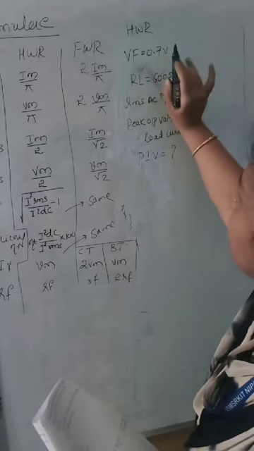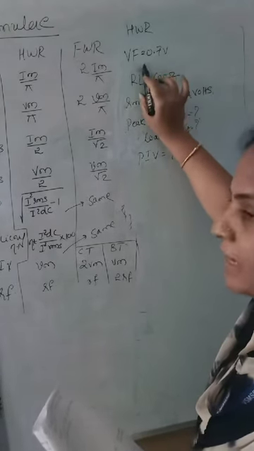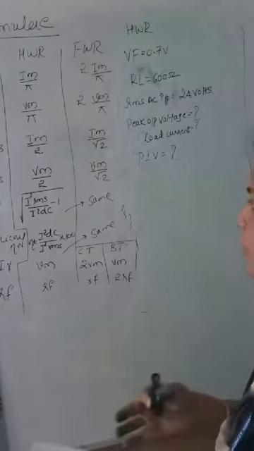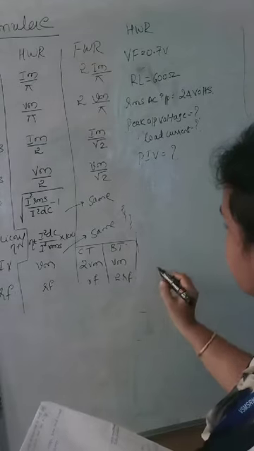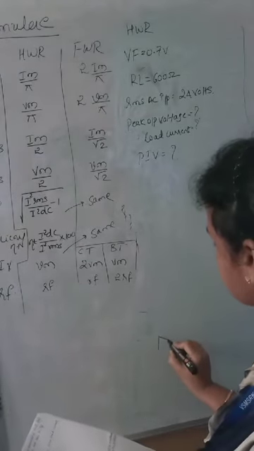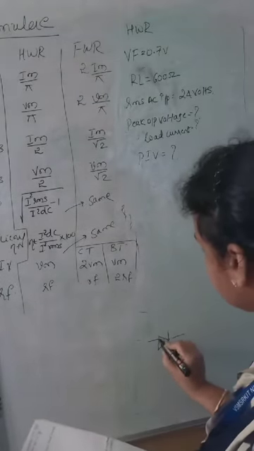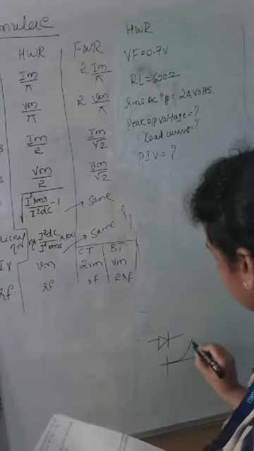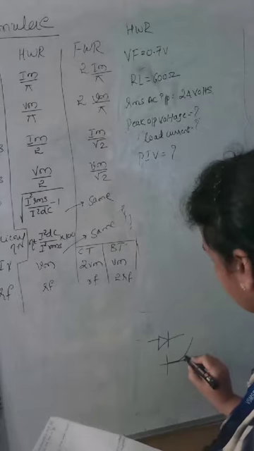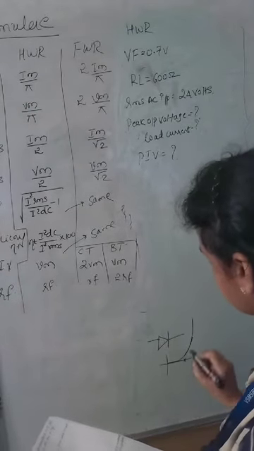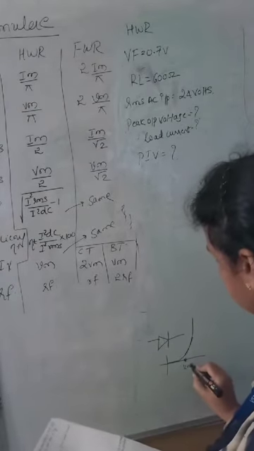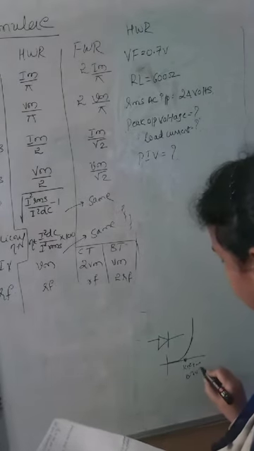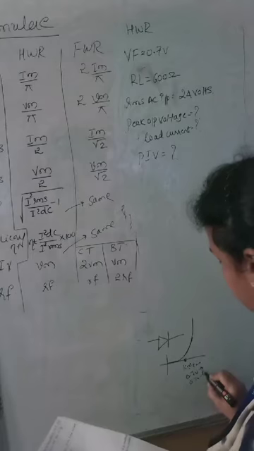Vf equal to 0.7 volts means it is the value of the knee voltage. We have seen this in the diode explanation, while explaining the characteristics. Till this point the diode will not be conducting. At one particular voltage the current suddenly increases and goes on increasing. This we call the knee voltage or forward breakdown voltage. It is 0.7 volts for silicon and 0.3 volts for germanium.